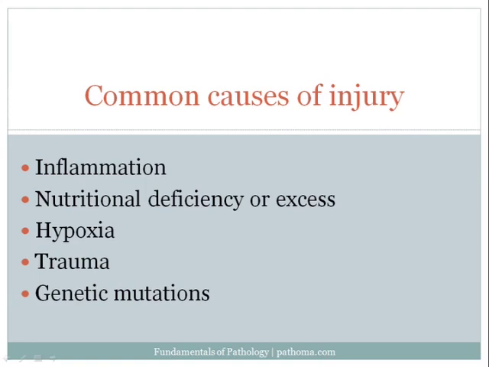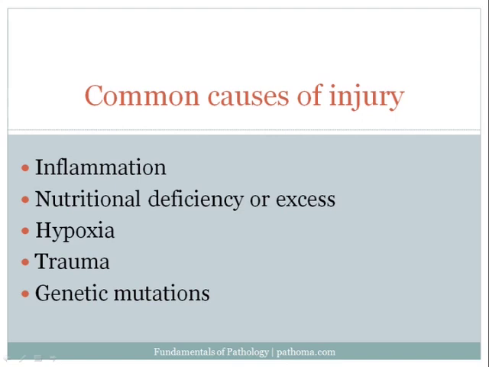At the same time, there are some chronic inflammatory states like autoimmune diseases that would also result in injury. Nutritional excess or deficiency can result in injury. We're all familiar with that. In fact, much of the disease that we see in the Western world is actually due to nutritional excess. And much of the disease that we see in areas where poverty is prevalent is really due to nutritional deficiency. So these are common causes of injury as well.